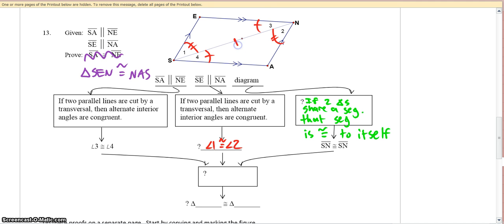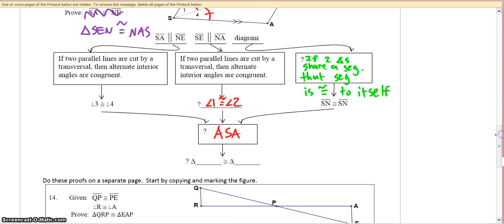Now we've got our angle, our side, and our angle, angle, side, angle. So I can put ASA in this box. All three of these things must go in, our angle, side, and angle, and therefore triangle SEN is congruent to triangle NAS. Now that is 11, 12, and 13.